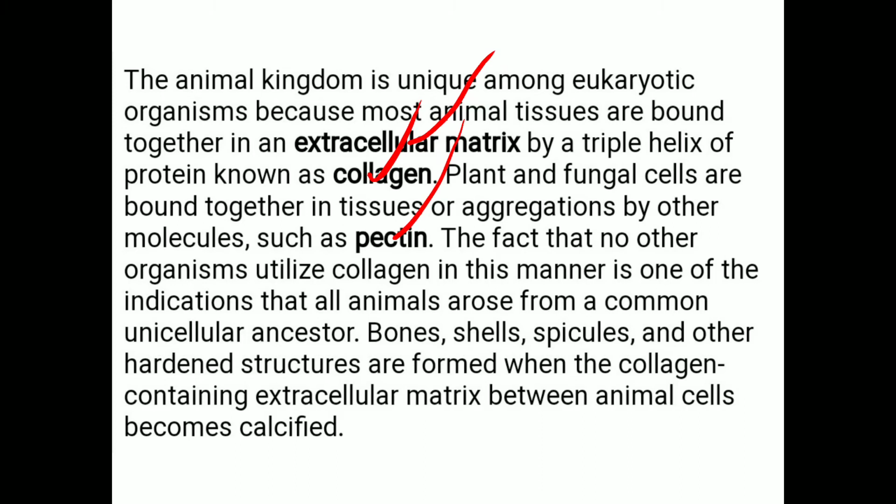So animal tissues have the specialized protein called collagen, and plant and fungal cells contain a different substance called pectin. The fact that no other organisms utilize collagen in this manner is one of the indications that all animals arose from a common unicellular ancestor. Bones, shells, spicules, and other hardened structures are formed when the collagen-containing extracellular matrix between animal cells becomes calcified.